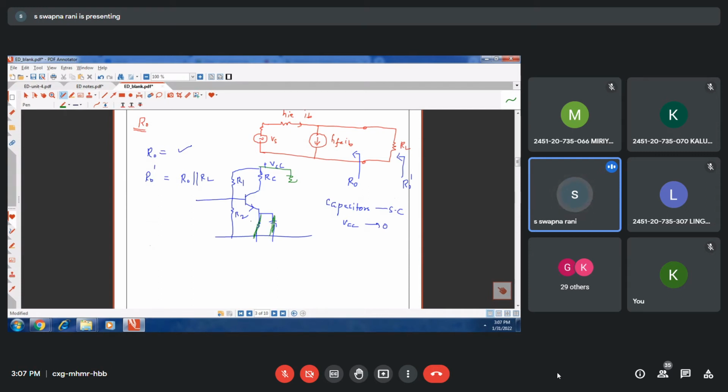So there won't be any RE resistor. Under that case, the emitter is now directly connected to the ground.